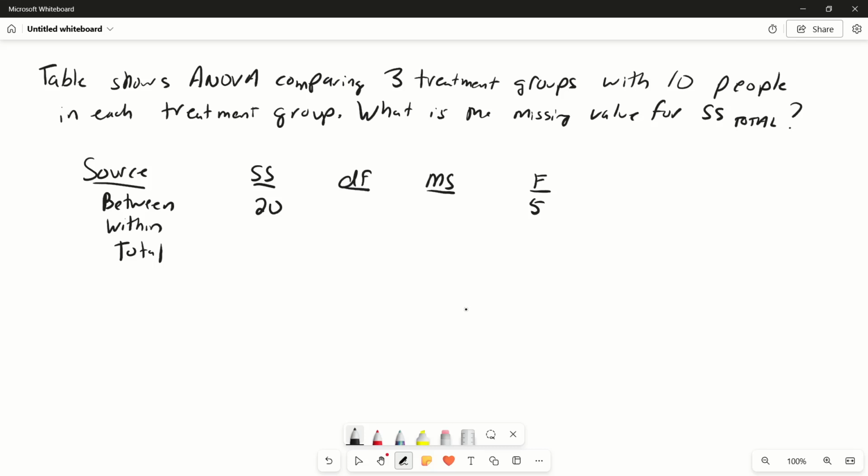So let's fill in what we can fill in at the beginning, which is the between groups degrees of freedom. We know that the between groups degrees of freedom is k minus 1, where k is the number of groups. Well, we have 3 groups, so k is 3. K minus 1 then becomes 2. So the degrees of freedom between is 2.